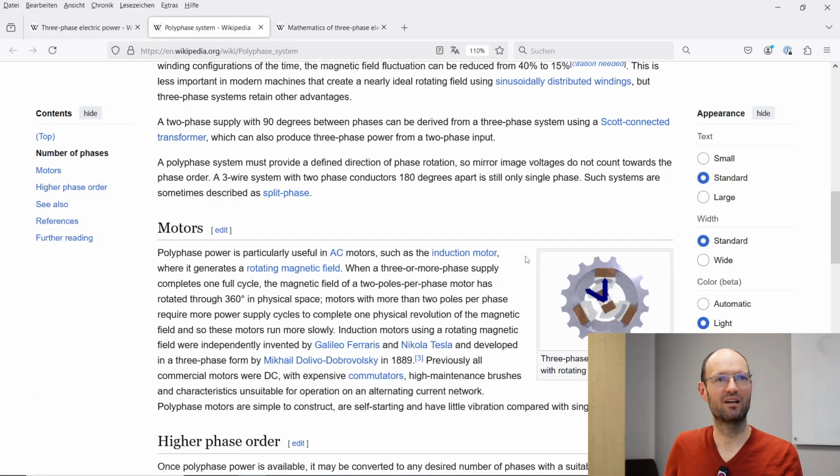And I think the nicer animation, what we also just discussed for the generator or for the motor, is this one here. So we have these 3 coils and we have the rotor with the DC North Pole, South Pole magnetic field in the center, and then you can see how the voltage in each of these 3 phases looks like.